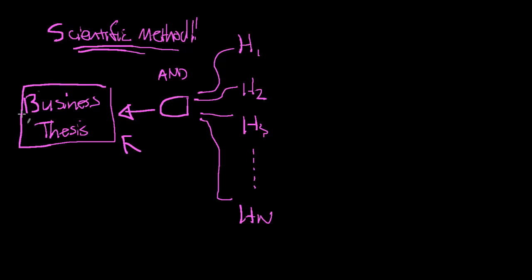Now, how are you going to prove these hypotheses? In this class, we're going to look into two approaches. The first is interviews. So you go out and you directly talk to the customers. This is a discipline that is often called customer discovery. And in the strict definition, you actually do this before you even come up with a business thesis.